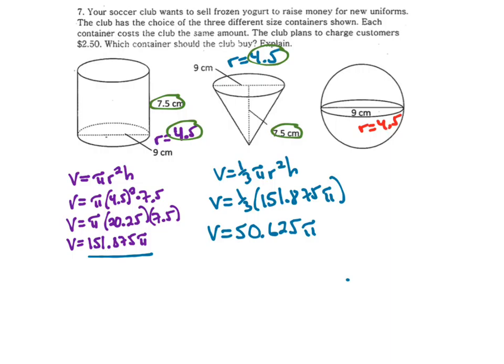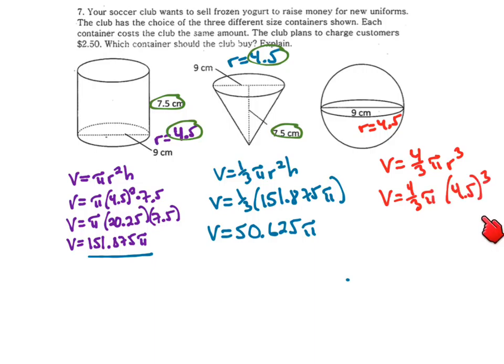Radius is 4.5. Unfortunately, there's not really any shortcuts you can do this time because it's a different formula. It's just so different. Volume equals 4/3 pi times r cubed. Not squared. Don't forget to cube it. Substitute in our radius.